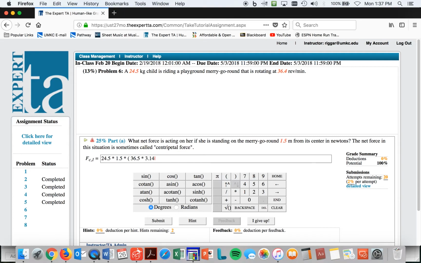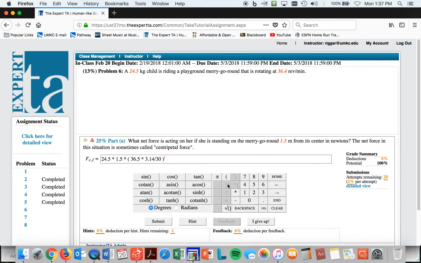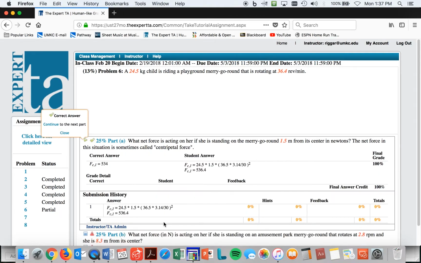That's pi divided by 30, and then this whole thing is squared. So there's m omega squared, where I got pi divided by 30.